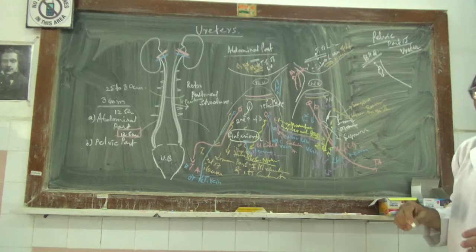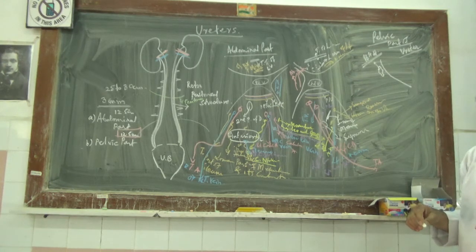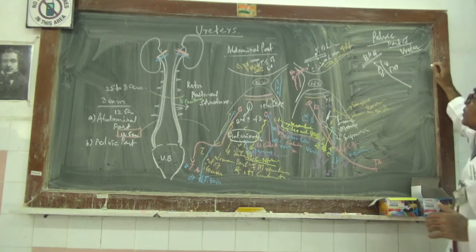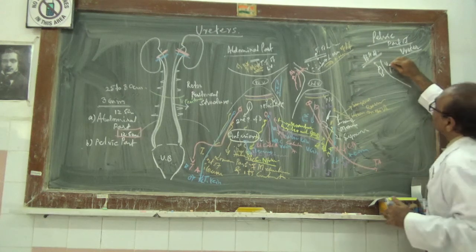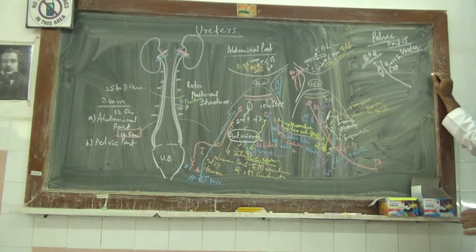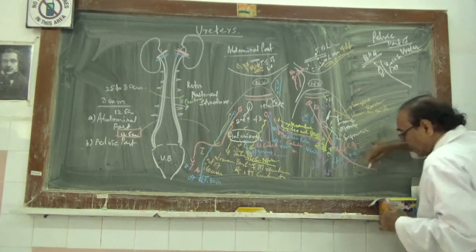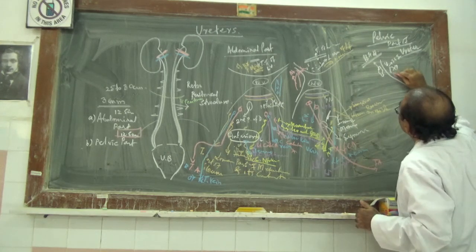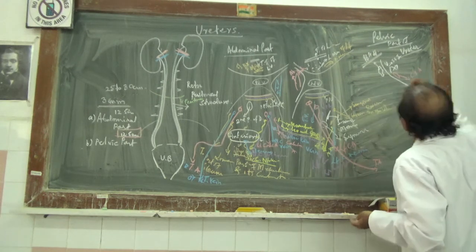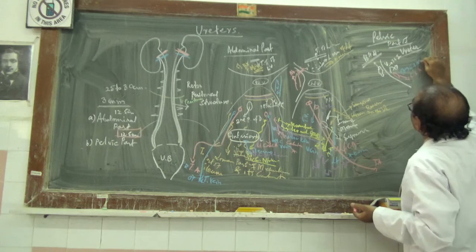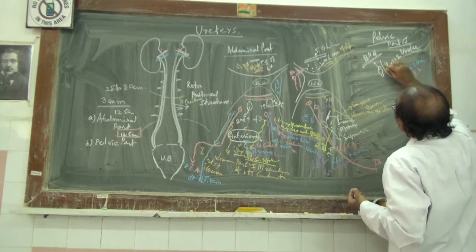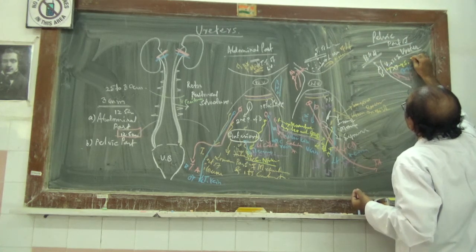Posteriorly it is related to the lateral part of the sacrum, then the posterior part of the ilium, the sacroiliac joint, and then the common iliac artery, common iliac veins, then sacral vessels.